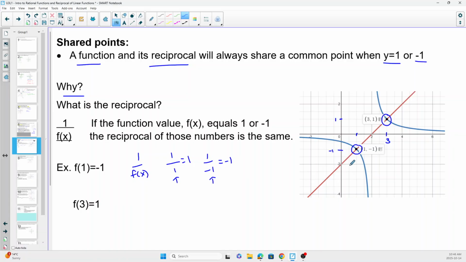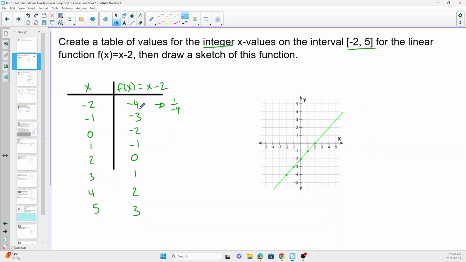Hopefully that makes a little bit of sense. If you remember back to the table of values, this was the original table of values, -4, -3, and to find the location for the reciprocal function, we're just doing 1 over -4, 1 over -3. Notice how 1 over -1 is still -1, and 1 over 1 is still +1.